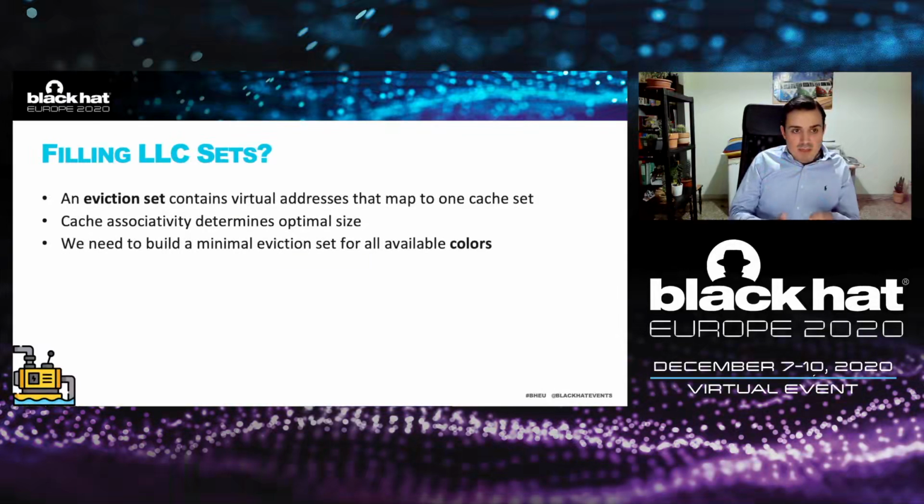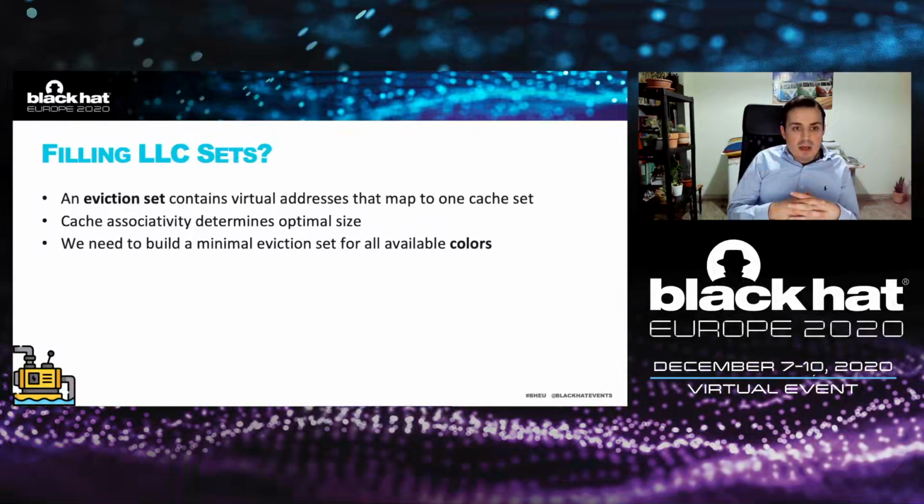Eviction sets, if you don't know them, are sets that contain virtual addresses that map to the same cache set. The optimal size is given by the associativity of the cache. So for a 16-way associative cache, you need 16 addresses to fill that set.